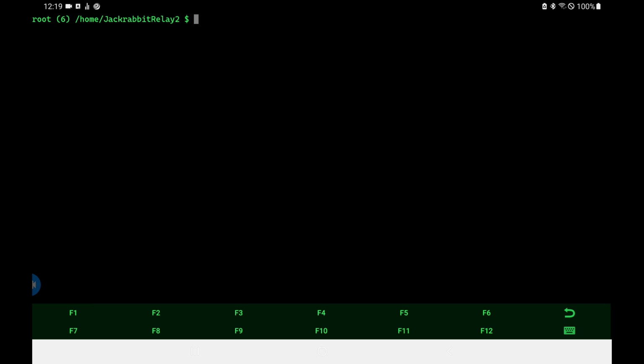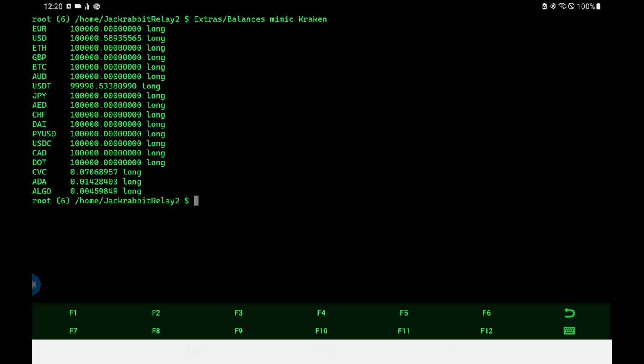So now let's run some tests from your working relay folder, home/Jackrabbit Relay 2. Let's actually see how Mimic works. Let's look at the Mimic Kraken account that I just showed. And you will actually see the balances of the account that I currently have.